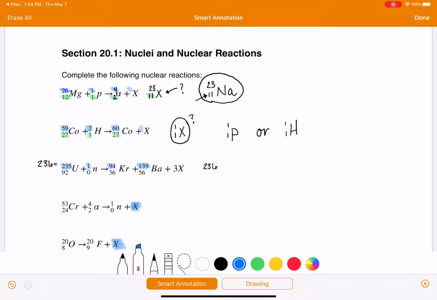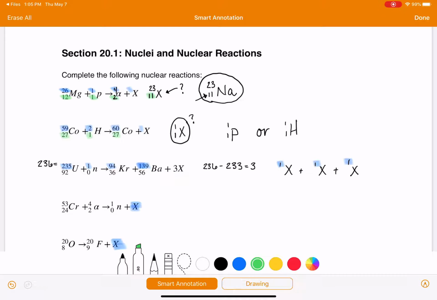So let's add that up. 94 plus 139 is 233. So that means that the mass number of all three of these X's is going to be 3 total. This is getting confusing. 236 minus 233 is 3. So each one of these particles has a mass number of 1, so that altogether they will add up to 236. 94 plus 139 plus 1 plus 1 plus 1 is going to be 236.